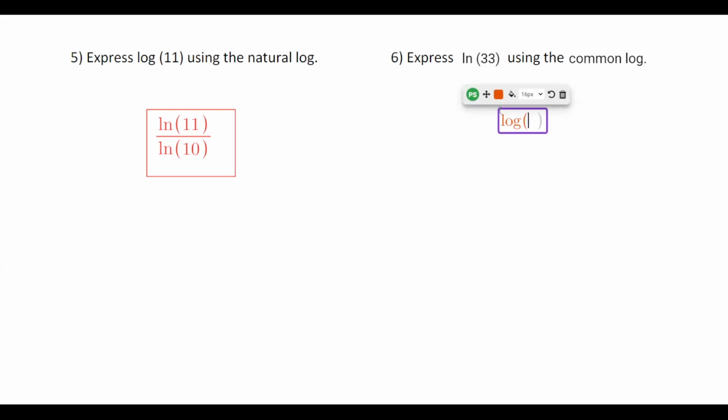So whenever you see a log with no base written, it's going to be assumed to be 10, and that's what the common log is referring to. So this would be log of 33 divided by the log of the base of this natural logarithm. The natural logarithm has a base that's Euler's number, so that's going to be e.